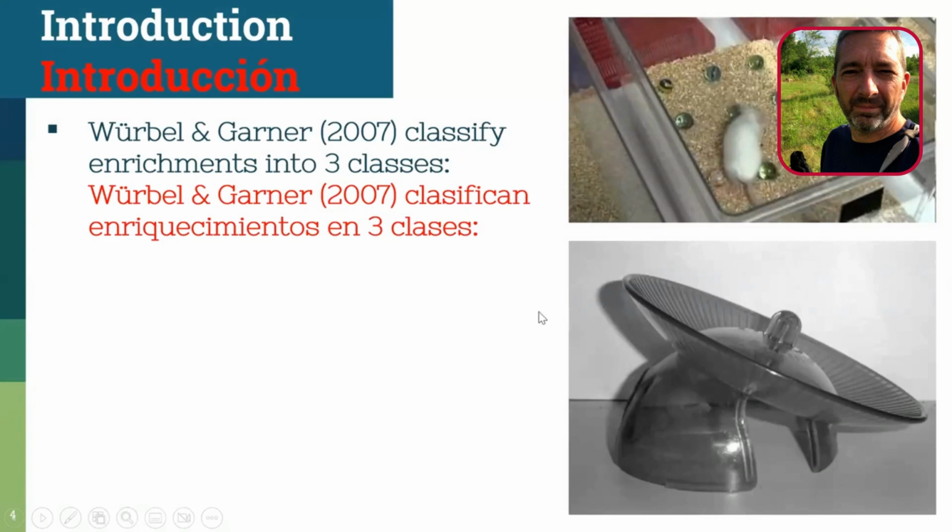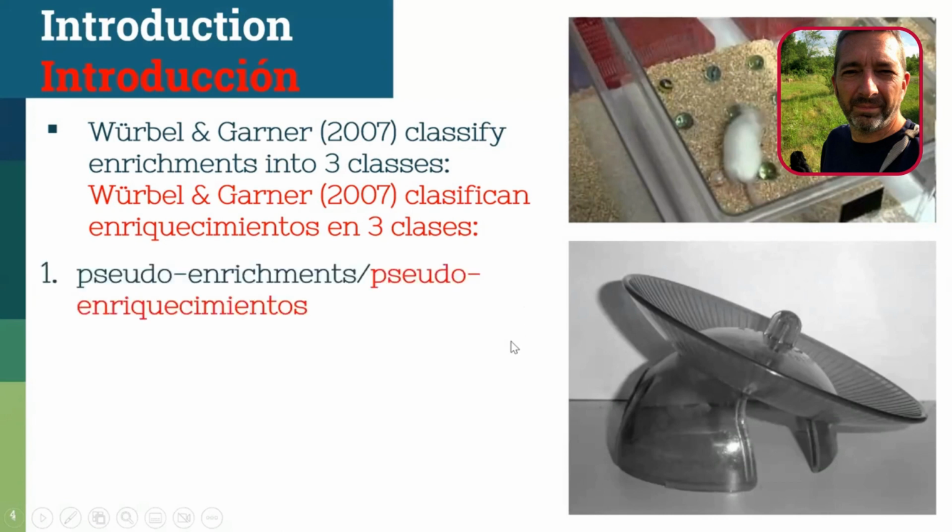Verbal and Garner have further classified enrichments into three classes. So I think one of the big problems is that a lot of times we think that when we add anything to an environment, it is enriching. Not always the case. So here, for example, first they talk about pseudo enrichments.